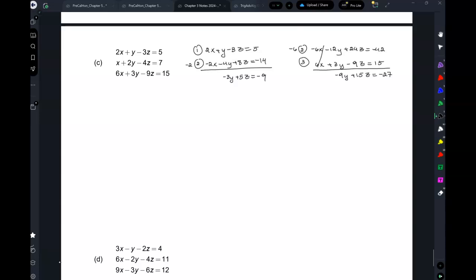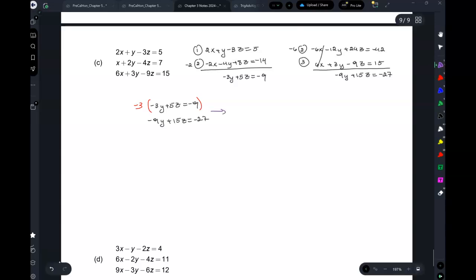Right, so I got negative 9y plus 15z is equal to this. So now I take both of these: negative 3y plus 5z is equal to negative 9, and negative 9y plus 15z is equal to negative 27. I'm going to multiply by negative 3.